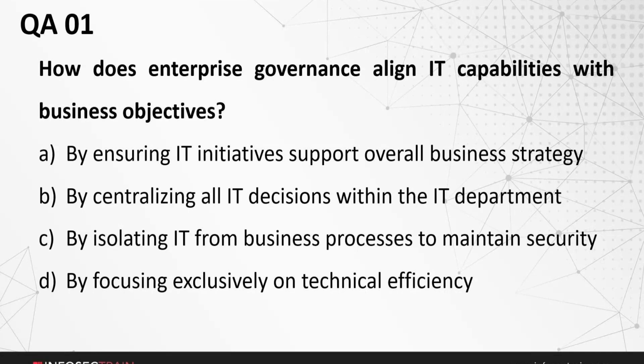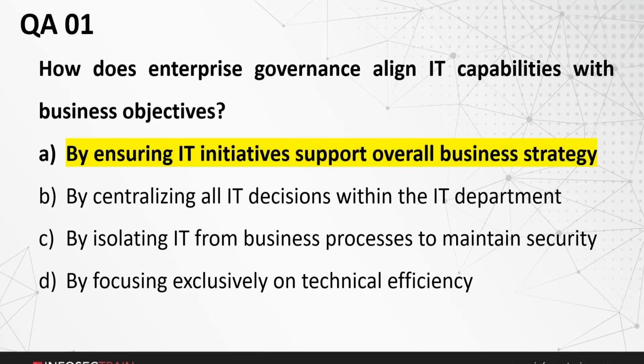That means whatever you're doing in the company, cloud or security, it should support the business goals. The answer is A, by ensuring that the IT initiatives support overall business strategy.